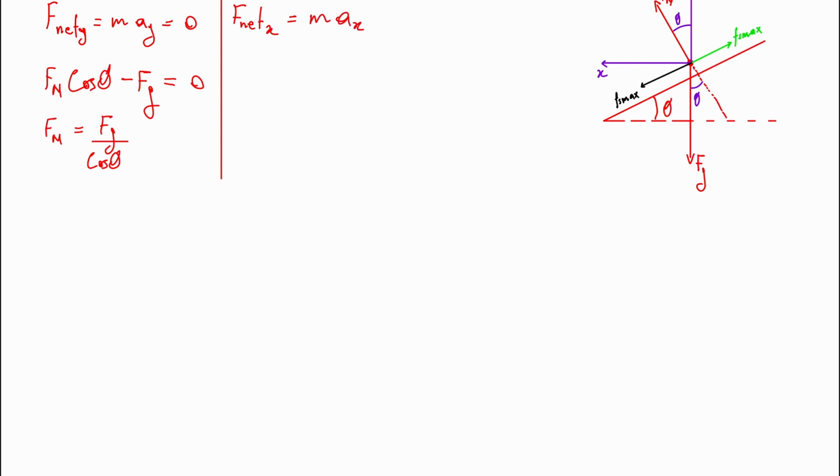And the only force that's present in the x direction in this case, when we don't consider friction, is going to be Fn times sine of theta. This is going to be equal to mass times the acceleration in the x direction. But remember, what is this direction?